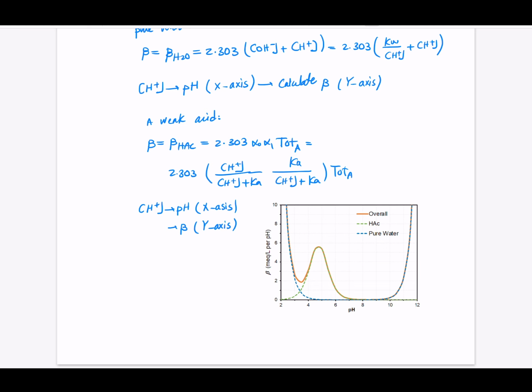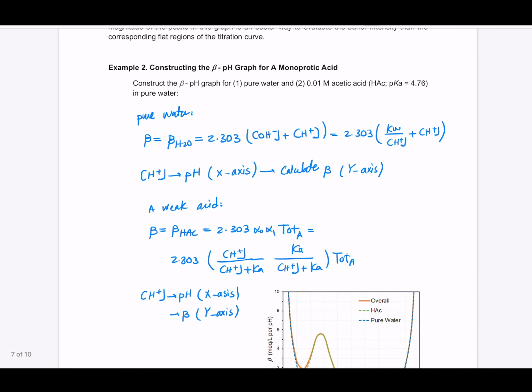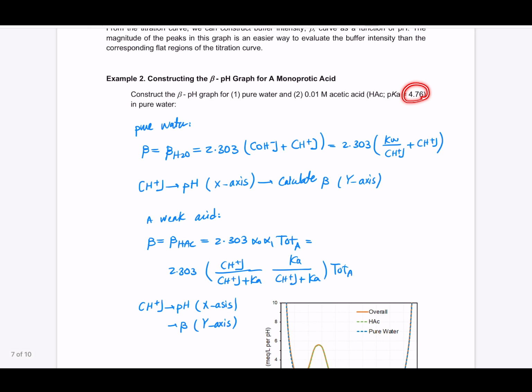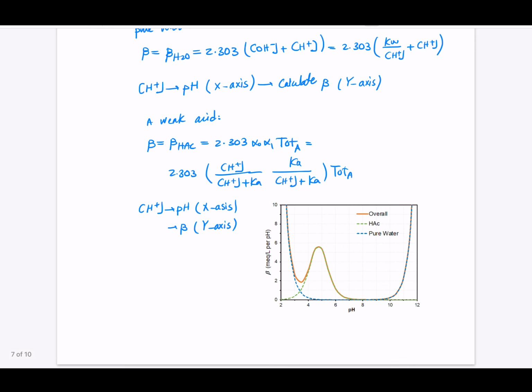And if you do that in Excel, the graph would be the green one. As you see, the maximum buffer intensity is around 4 point something, which is exactly equal to the pKa. So the pKa is basically where you get the maximum buffer intensity. If your pH is near that, then you get the most resistance due to that specific acid.